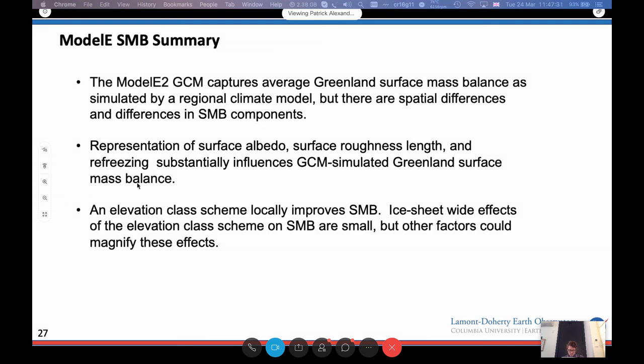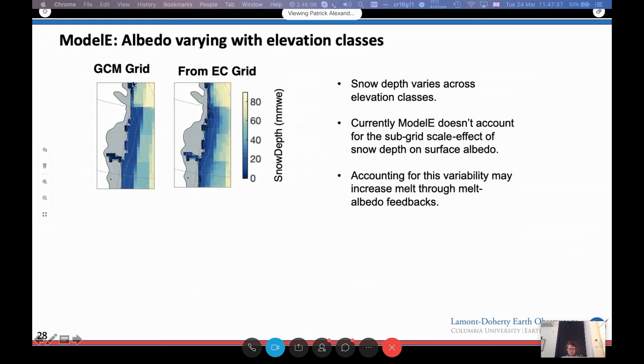So recently I've done some work to include this process in the GCMs. So here we have our GCM grid snow depth on that grid, and you remember this snow age dependent scheme. Along with that, we have albedo that's a function of snow depth and the snow and ice albedo.